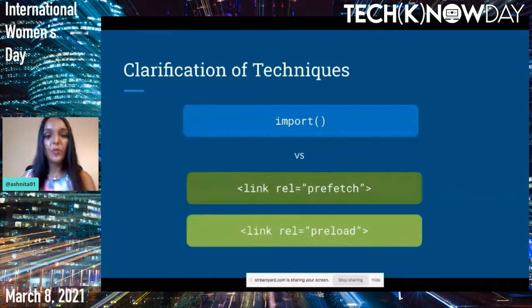Prefetch is a hint to the browser saying that these are the resources that are quite likely to be used in the next navigation. So the browser, when it is idle, can start fetching the resources that have got the prefetch hint on them.